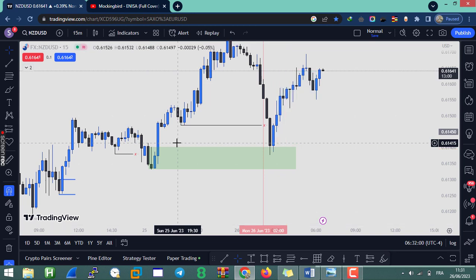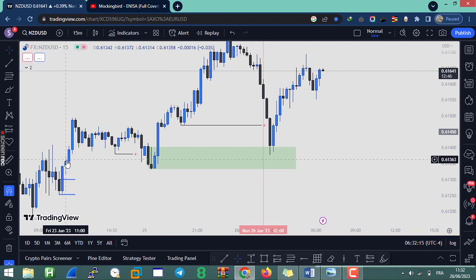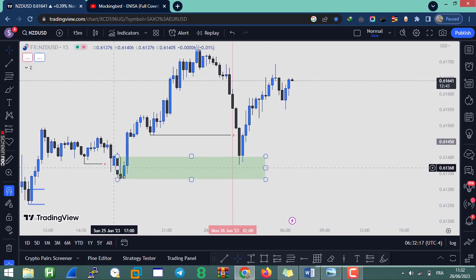This is a high probability order block because we have taken liquidity, and we found this order block at a key level. So the second condition is checked.